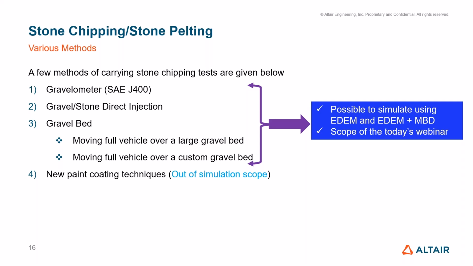The last one is new paint coating techniques, which is out of simulation scope. But we will cover these 3 methods in this webinar: stone chipping using SAE J400, the stone direct injection method, and moving a full vehicle over a large gravel bed and a small gravel bed.